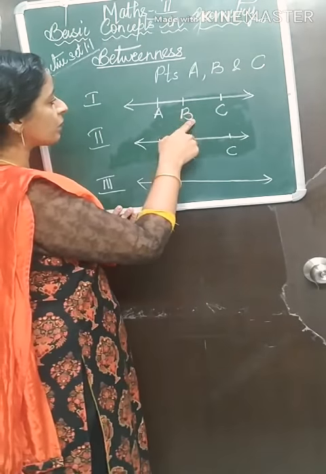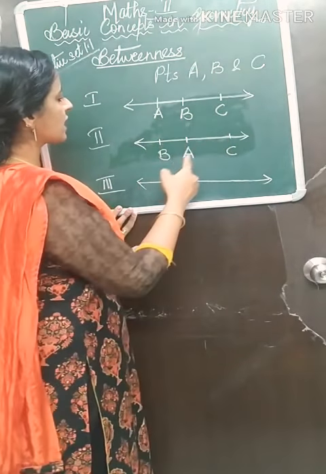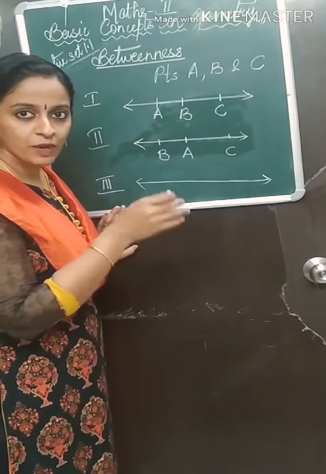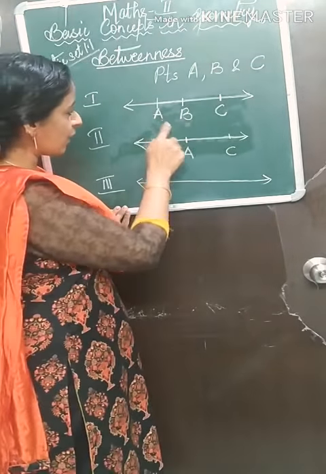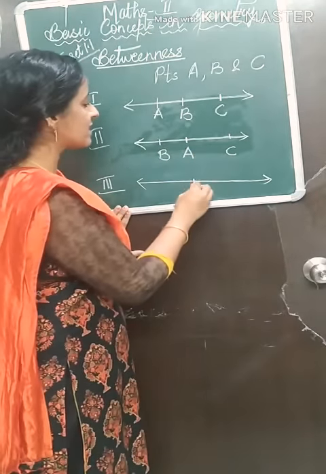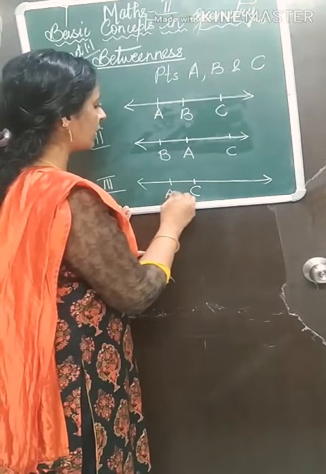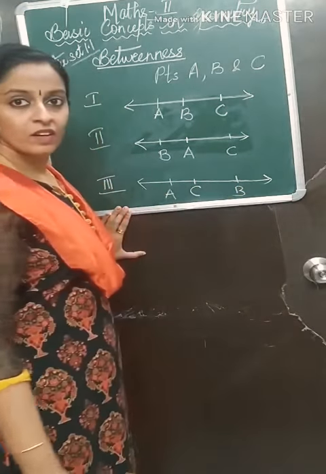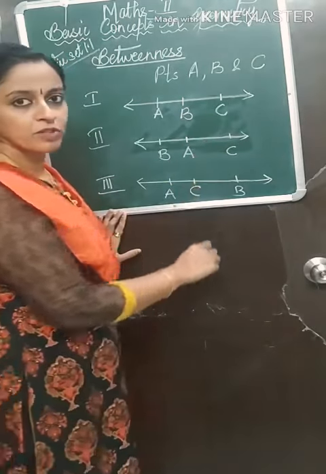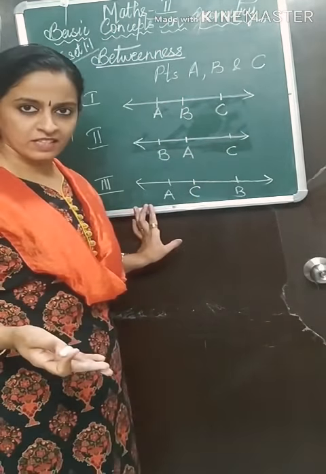In the first case, B was between A and C. In the second case, A was between B and C. Now who is waiting for the chance to be in between? A got a chance, B got a chance. Now who is waiting? C. So let C be between points A and B. So if I have 3 points, these are the 3 possibilities for betweenness.